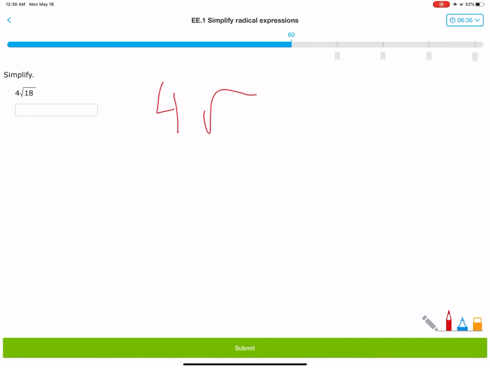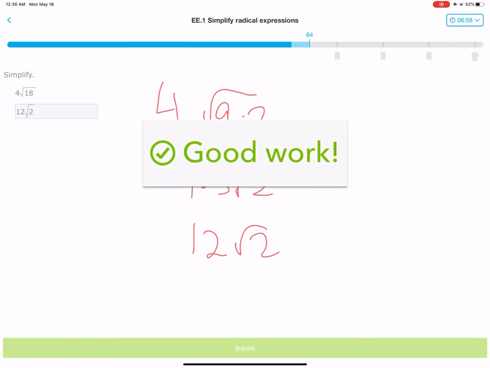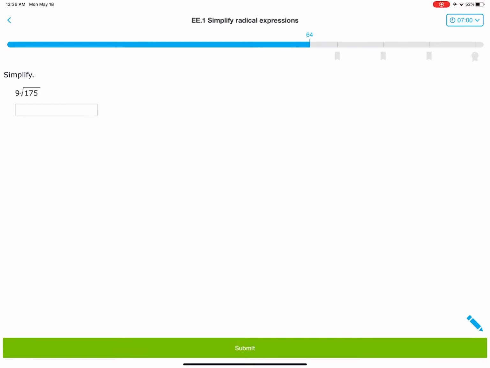4 square root of 18, so that's 9 times 2. Square root of 9 is 3. 4 times 3 square root of 2 is 12 square root of 2. And I think there's one last one. 175.